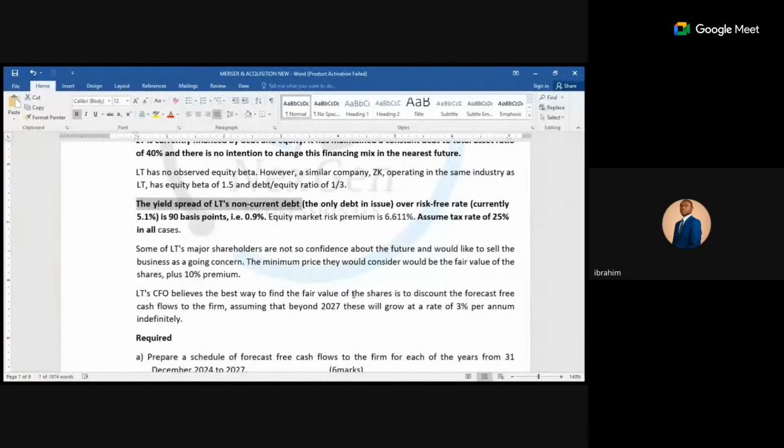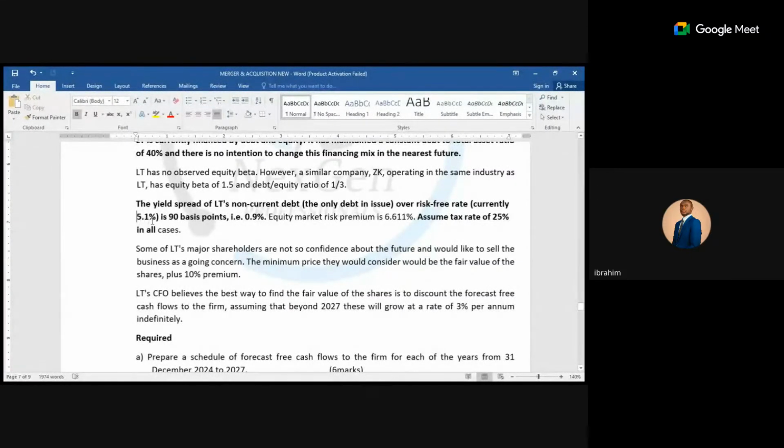Is that not so? Now, the examiner says that LT non-current debt is the only debt in issue, over the risk-free rate, currently 5.1%, is 90 basis points.